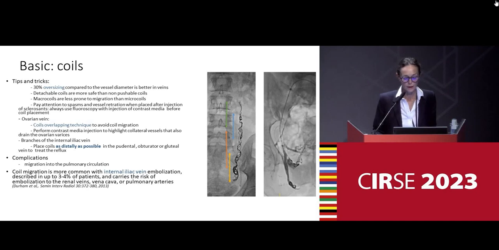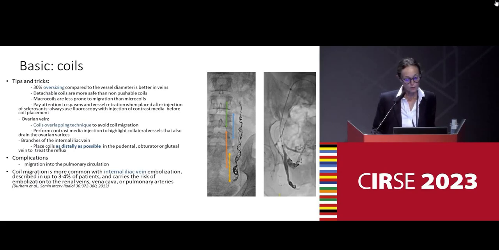First, coils. Coils in veins, there is some tips and tricks we have to know before embolization. To oversize 30% compared to the vessel diameter is better in vein. Detachable coils are, of course, more safe than non-pushable coils, and macro coils are less prone to migration than micro coils.